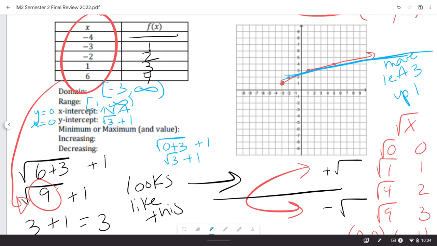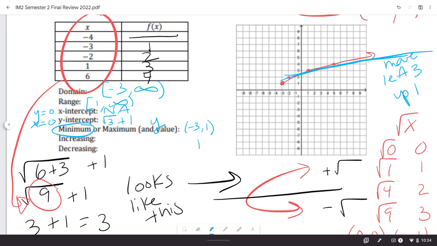Okay, does this have a lowest point or a highest point visible? It has a lowest point, and you can either write (-3, 1). You can write the entire point, or you remember that you would just use your y value. So I would just write 1.